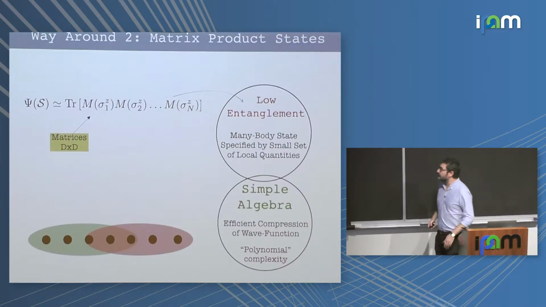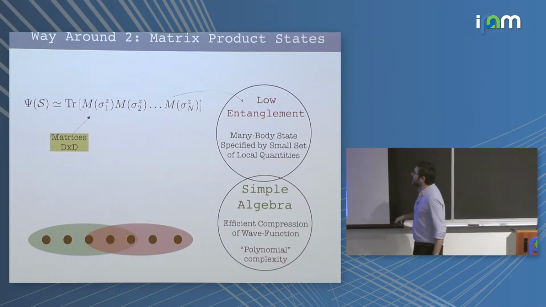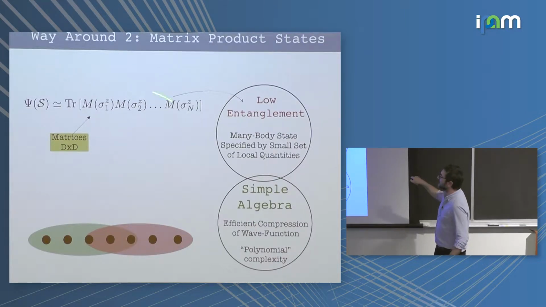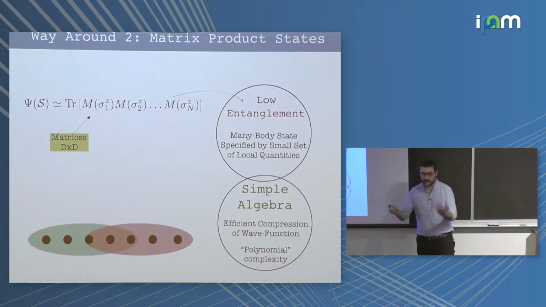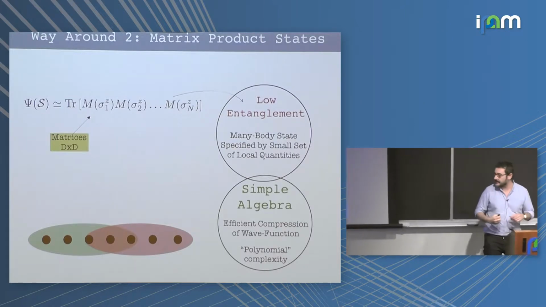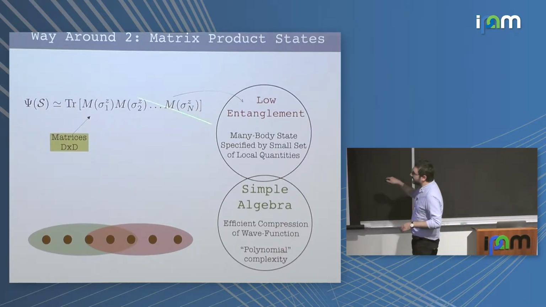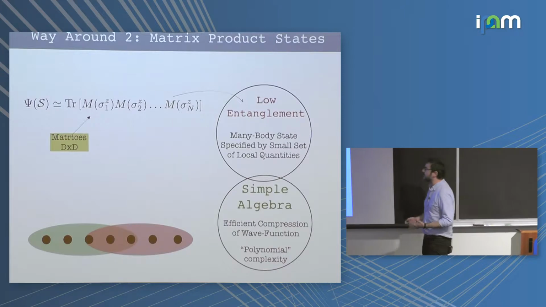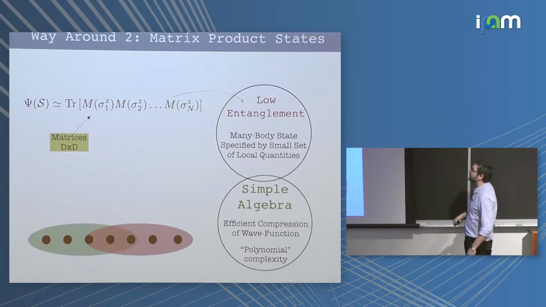Now, another approach, also sketched this morning, is about using the fact that typically these states have a small amount of entanglement. So, for example, in 1D, there's a very interesting and extremely successful idea called the matrix product states representation.